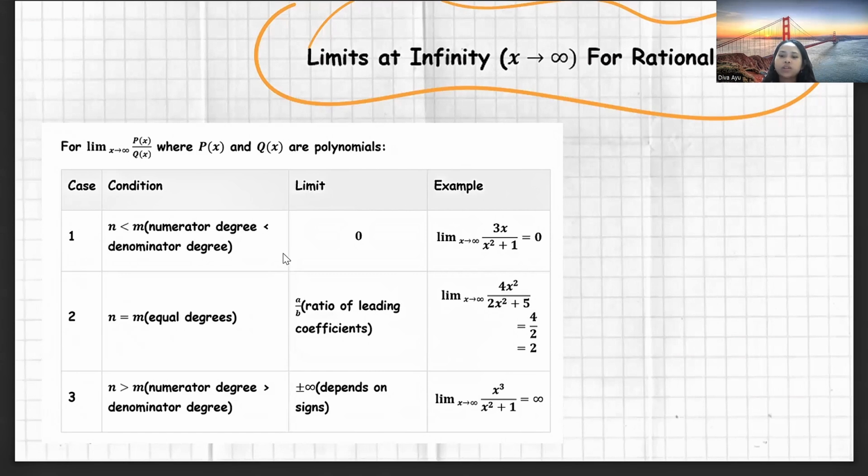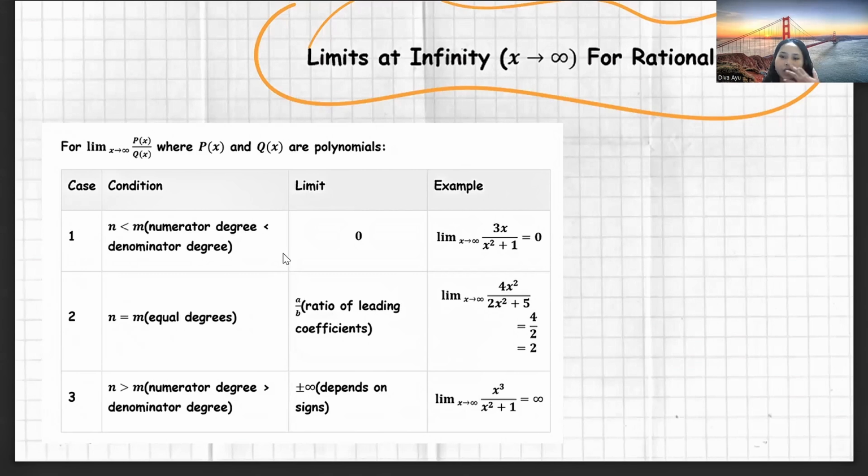As a result, the limit is zero. The second case is when the degree of the numerator and the denominator are equal. In this case, the limit is simply the ratio of the leading coefficients. For example, if the leading coefficient of the numerator is 3 and the leading coefficient of the denominator is 2, then the limit is 3 over 2.